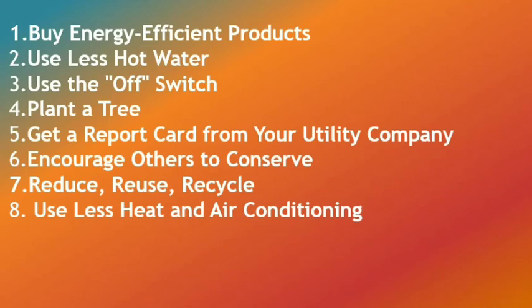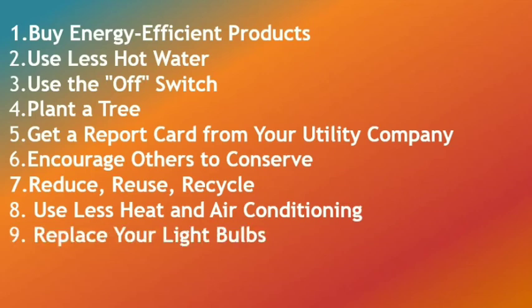Now we will see the eighth way by which we can reduce greenhouse gases: use less heat and air conditioning. Very important. Adding insulation to your walls and installing weather stripping or caulking around doors and windows can lower your heating cost by more than 25% by reducing the amount of energy you need to heat and cool your home.